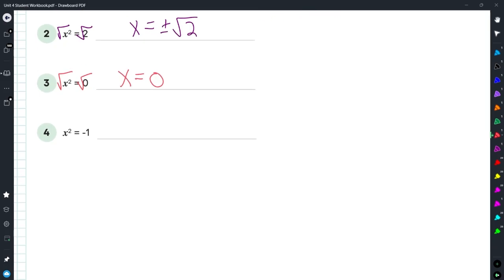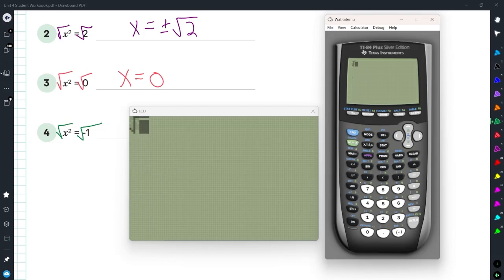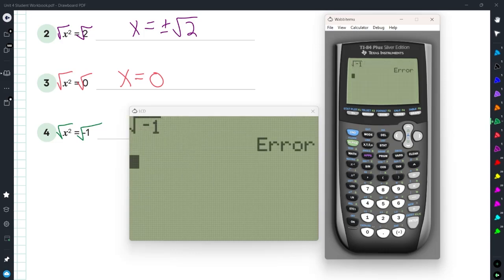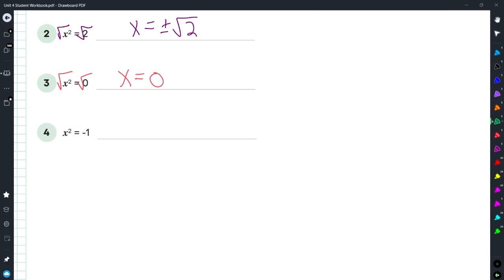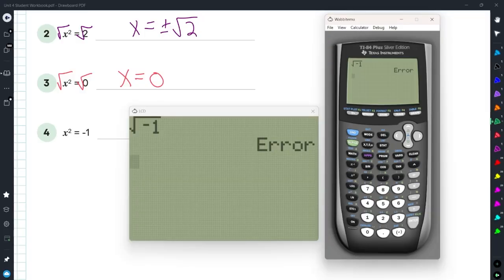Now, number 4 is where it gets a little bit tricky, because you say, oh, let's square root both sides, and take the square root of negative 1. The calculator says error, non-real answer. We'll talk more about what that means later on, but there's no real solution to this. Because if I take any number and raise it to the second power, like 3.5, I get a positive number.